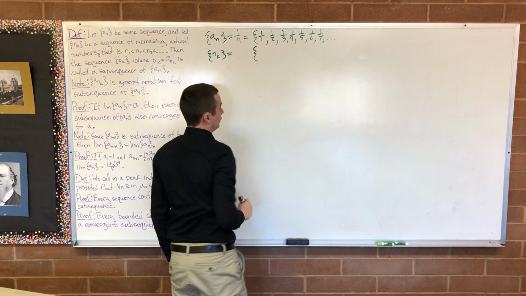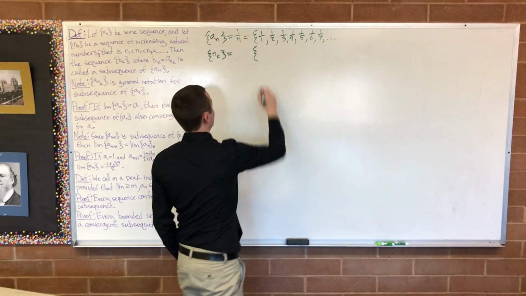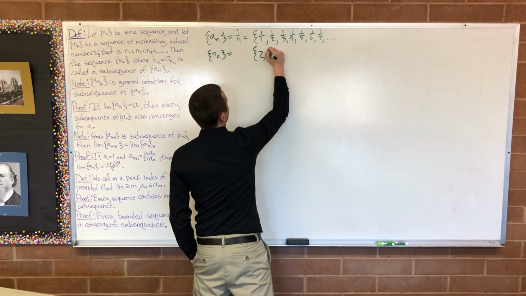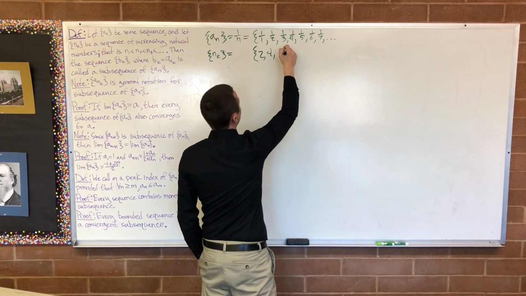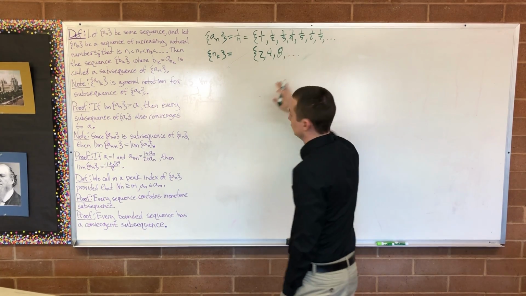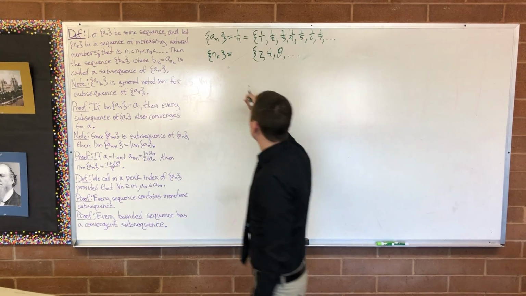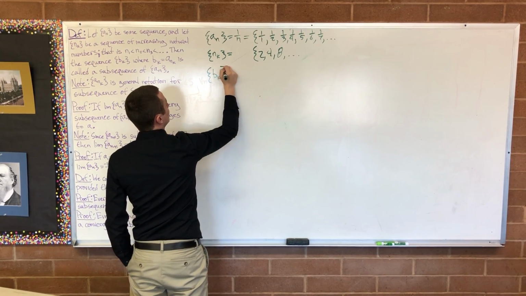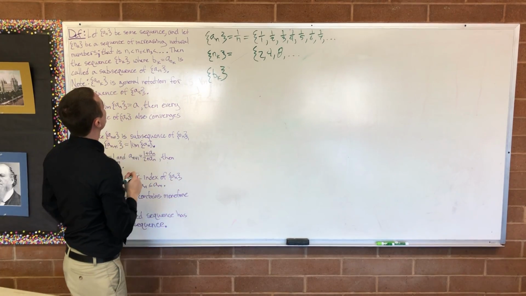So give me a natural number. 2. Give me another one that's bigger. 4. Give me another one that's bigger. 8. And we can keep on going. It's just some sequence of increasing natural numbers. So now we're defining what's called a subsequence. So a subsequence b_k, how does b_k work?